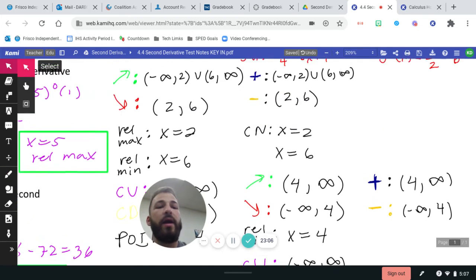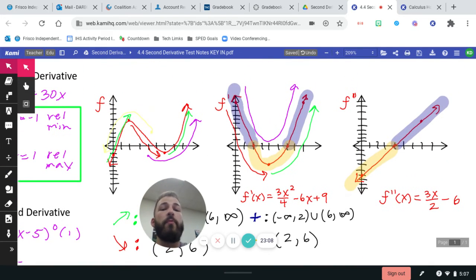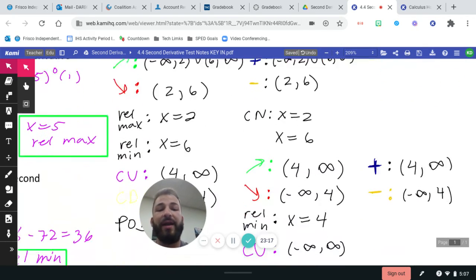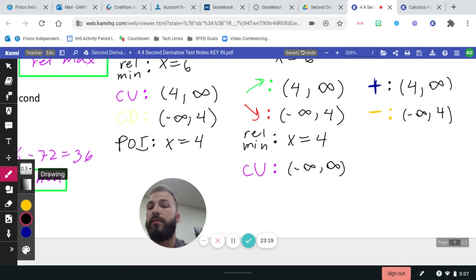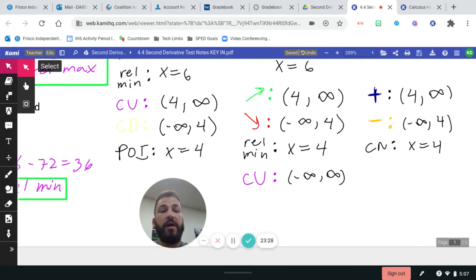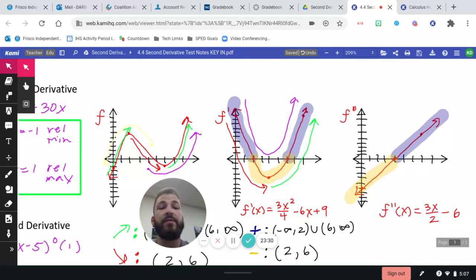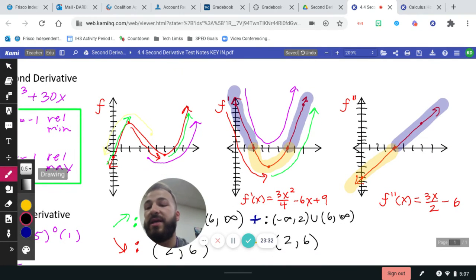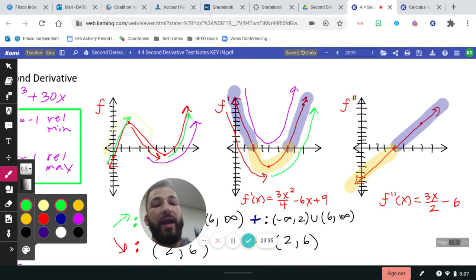And then on F double prime, we have a critical number where F double prime is equal to 0 right here at 4, which was a relative minimum on F prime, which was a point of inflection on F. And then last but not least, F double prime is increasing along its entire graph.